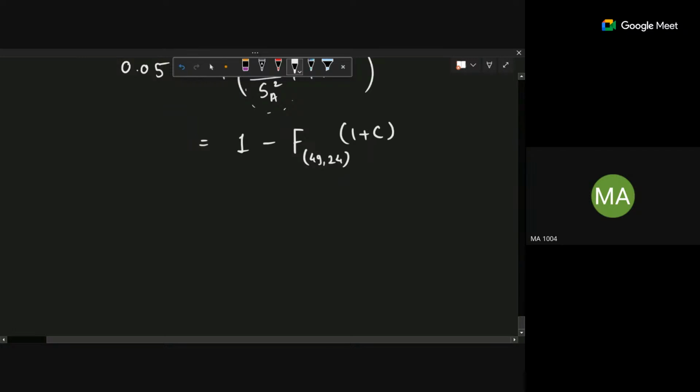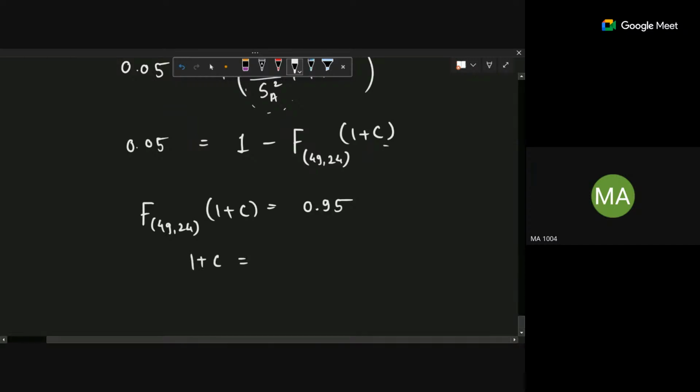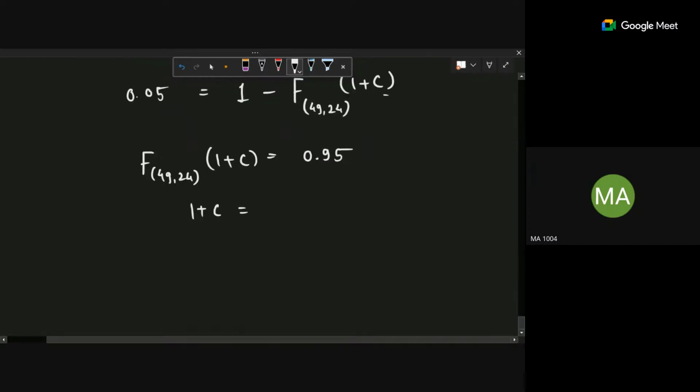Then 0.05 is given to us, so we will just shift 1 there, and alpha is given. To find C, we have to take the inverse. So F 49, 24 of 1 plus C will be equal to 0.95. Take the inverse on both sides, and the value for the inverse is given to us.